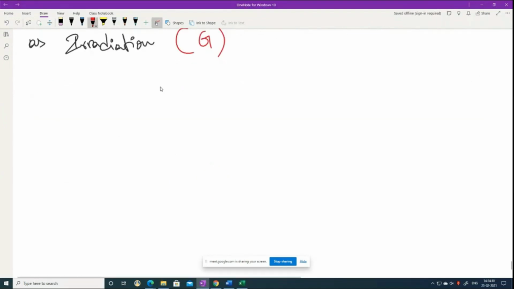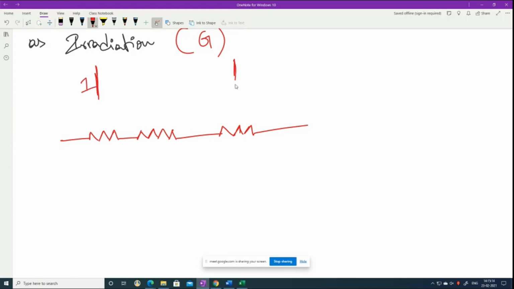And one more thing I must tell you is, while drawing the resistance circuit that we drew in the morning class or just now. So if this is the resistance circuit for radiation, with this being surface 1 and this being surface 2, and this being the space, this is R surface 1, this will be R surface 2, and this will be R space.